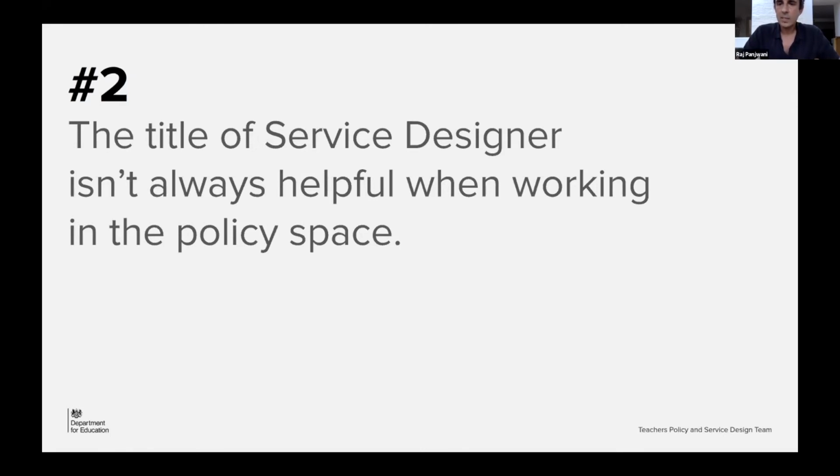Civil servants who were doing the job before we came along were basically designing services. Maybe they weren't doing it the same way as us, but it's their job too. So sometimes the title assumes an ownership that might be a little bit premature. So yeah, it's useful to call yourself something else. And quite a lot of the time we just label ourselves as user researchers.